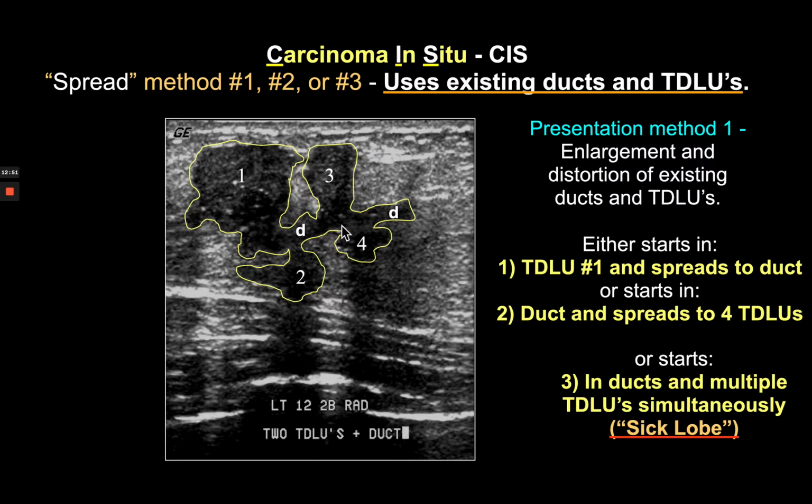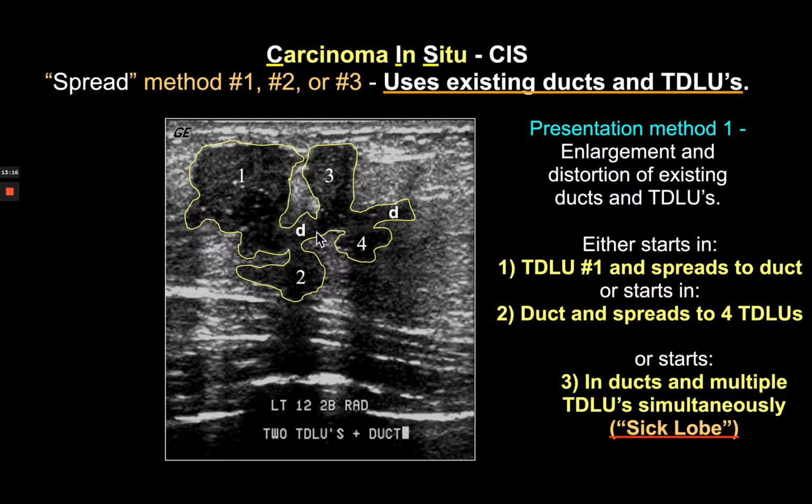Now, another possibility is that it started in the duct and then it cancerized all 4 TDLUs. In that case, it's going to be grade 3, because anything that starts in the duct tends to be grade 3. The third possibility is that it started everywhere at once, a so-called, quote-unquote, sick lobe. So can I tell which of these situations is here?